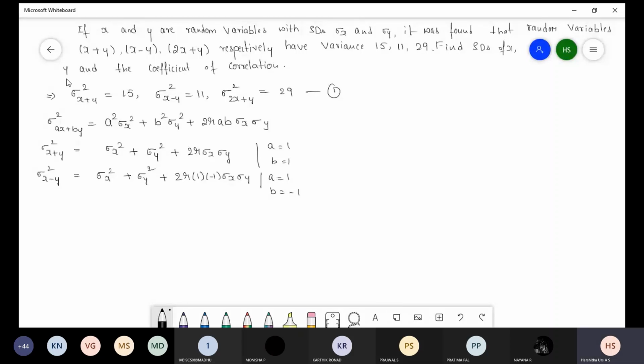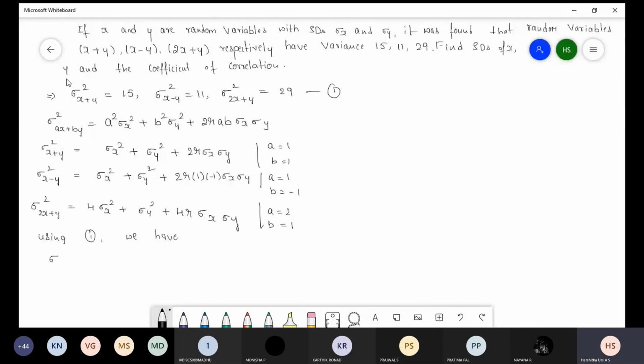For the last term, sigma 2x plus y square is equal to, here a is equal to 2, b is equal to 1. So 2 square means 4 into sigma x square plus sigma y square plus 2 into a value is 2, 4 r sigma x into sigma y. We have to use the equation 1. Using equation 1, in the place of sigma x plus y square, we can write 15.